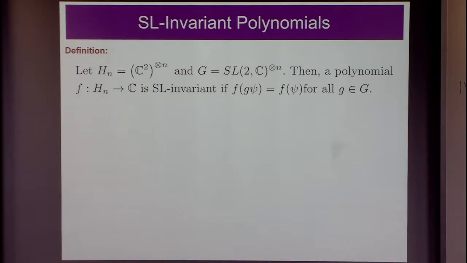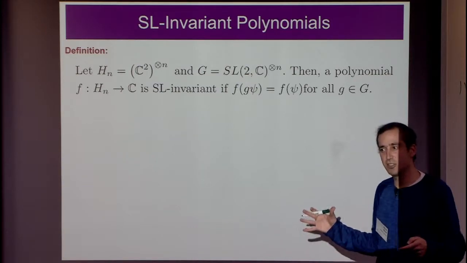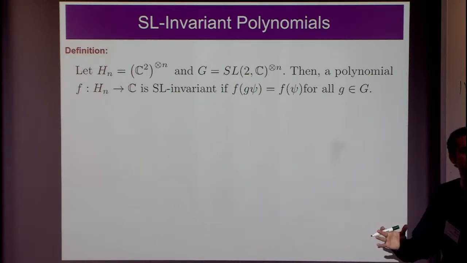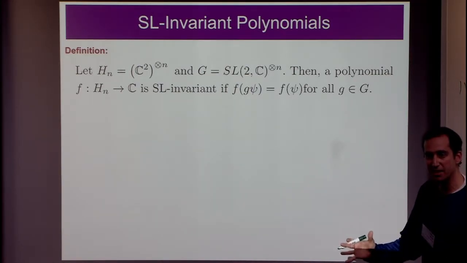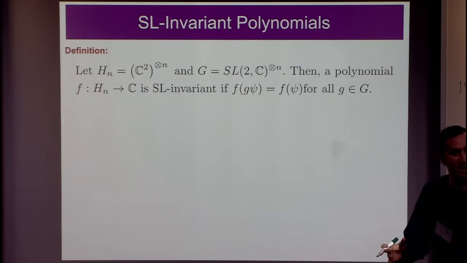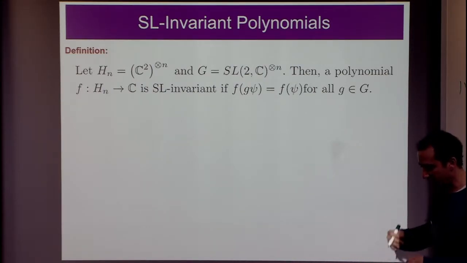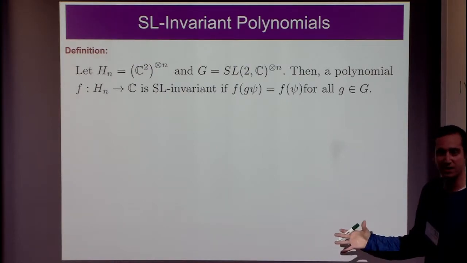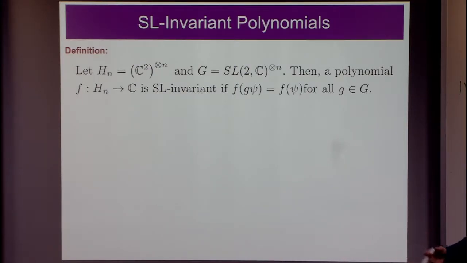So our goal is to show you how we can classify all entangled states, that is, classify all the orbits under the SL group. We're defining SL invariant polynomials.